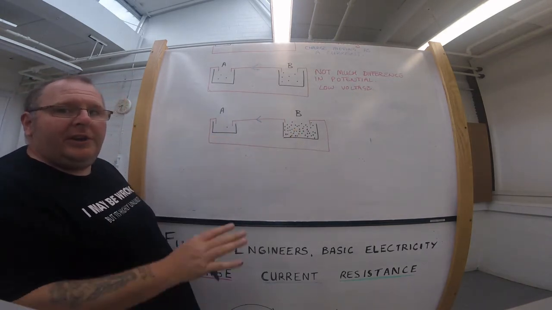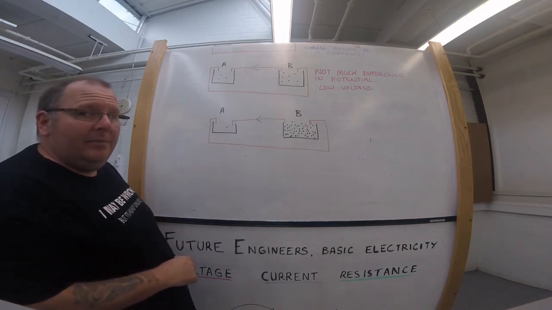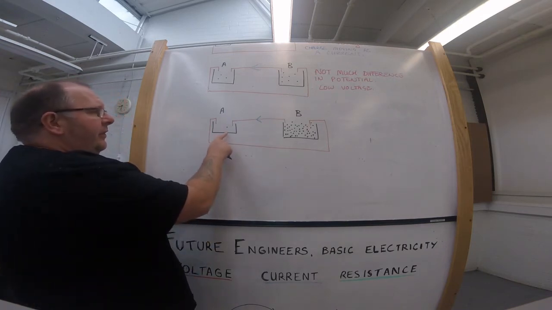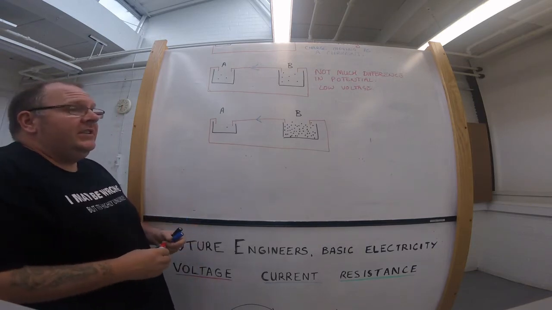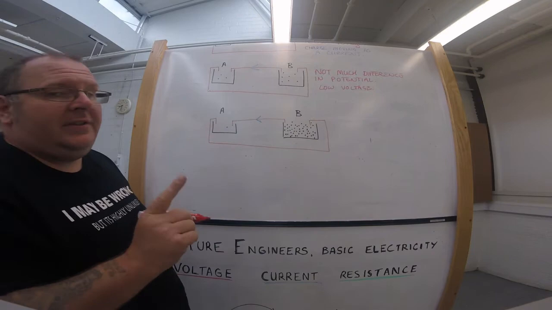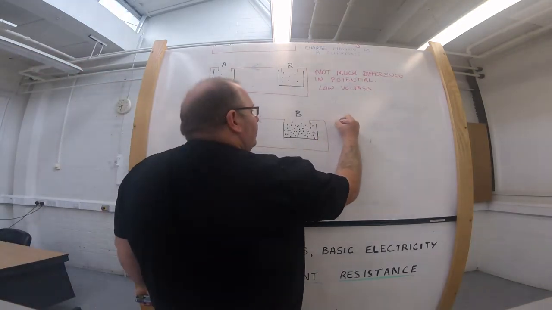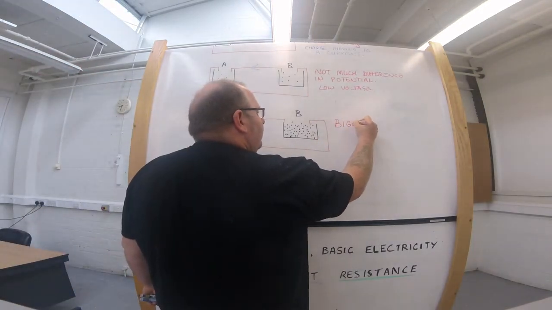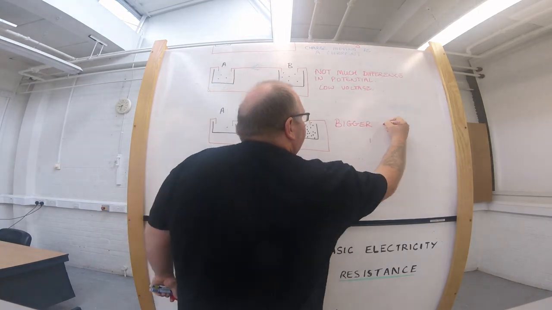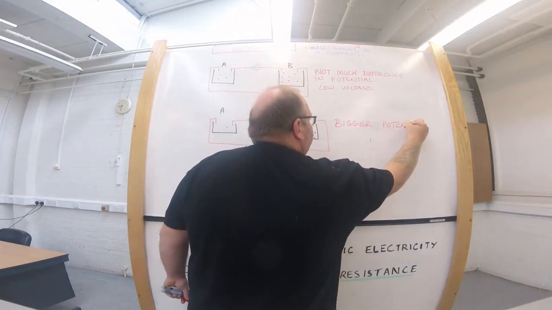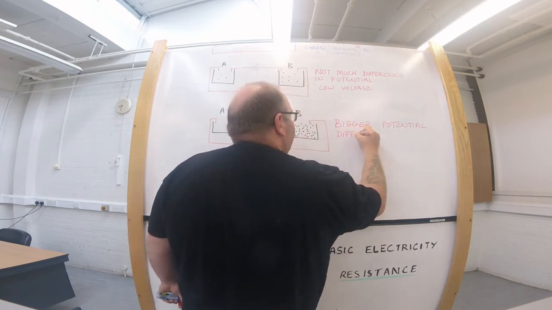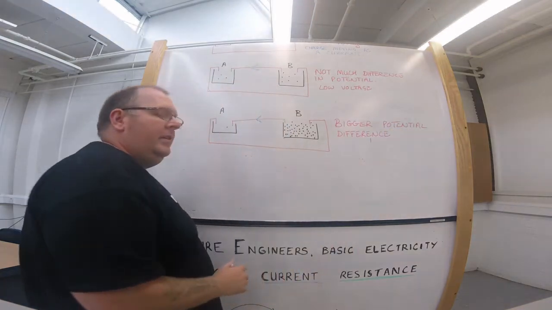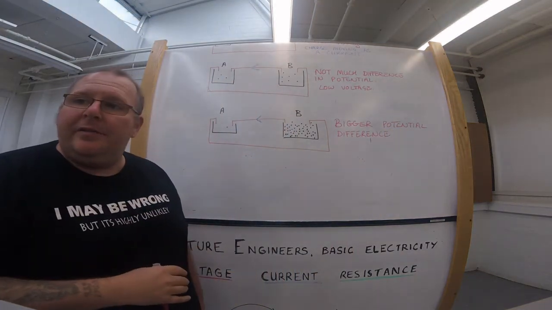There's a lot of electrons sitting there ready to move. And there's very little. In fact, there's only one here. So this is a bigger potential difference. That means it's a higher voltage.